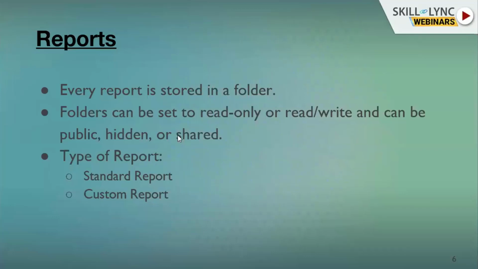And custom report means you create an object, then based on that you create a particular report type, and based on that report type you can create a custom report. So whatever report you create on the custom object is called a custom report, and whatever report you create on a standard object is called a standard report.